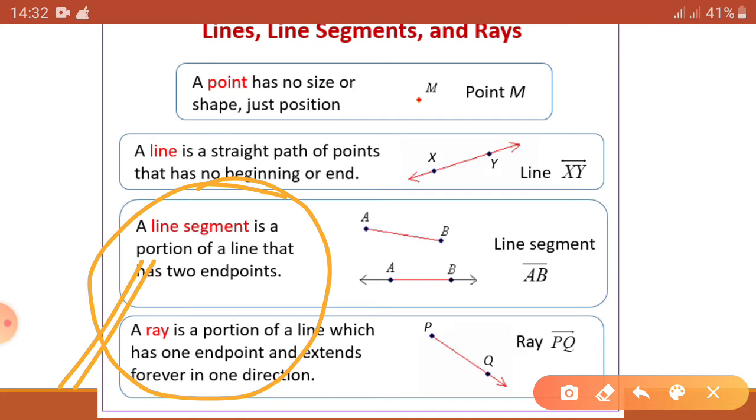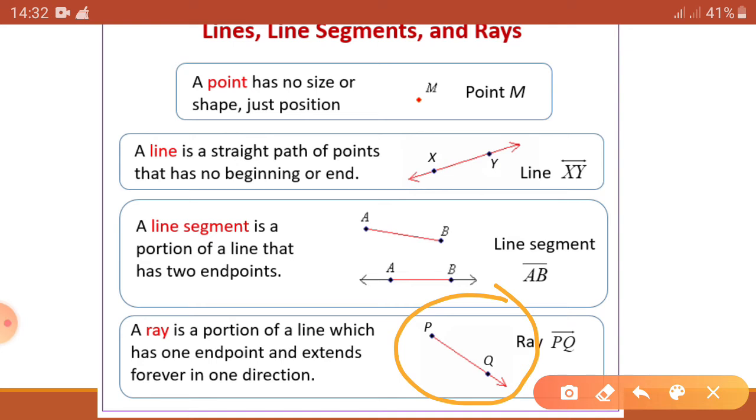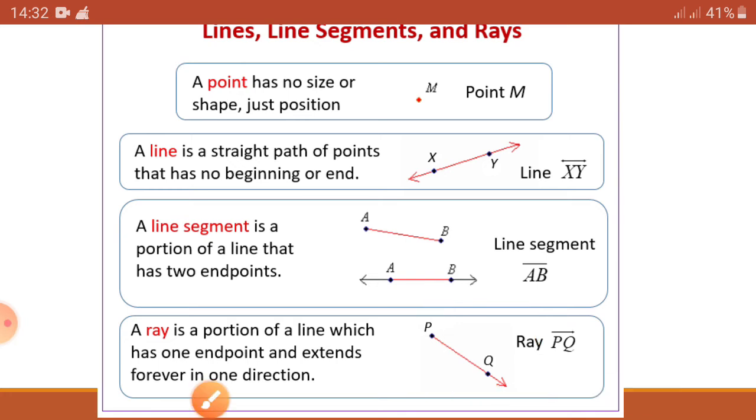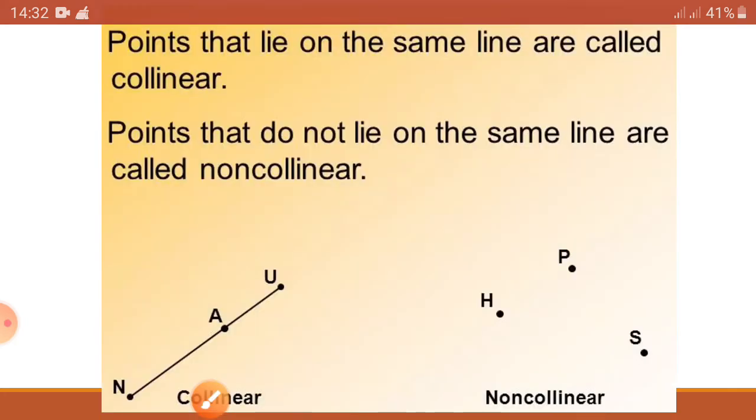Got it? So here is the figure of a ray. It can extend in one direction only, so the arrow is on one side only. Here is the fixed point, it cannot extend in this direction. Go to the next slide.